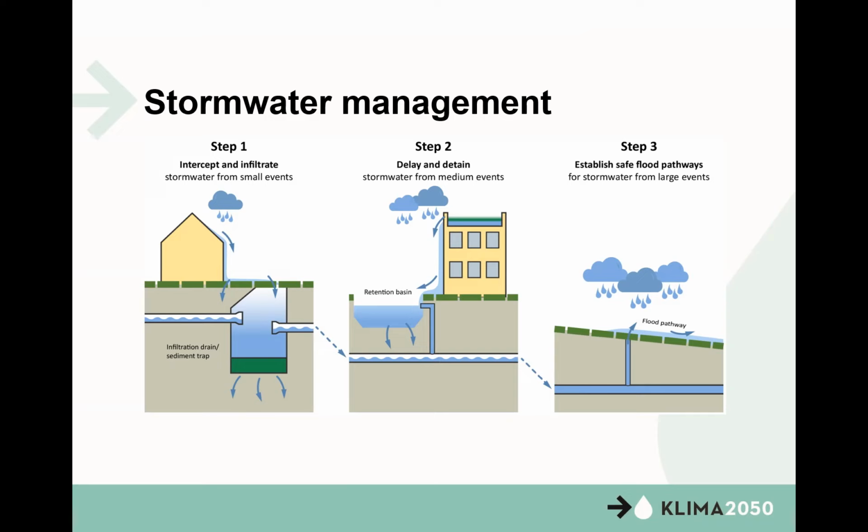So for medium events, you need some sort of local storage of water, either on the ground or on the roof. For very large events, flood pathways must be established. It's mostly steps 1 and 2 that are required. That's relevant for roofs.